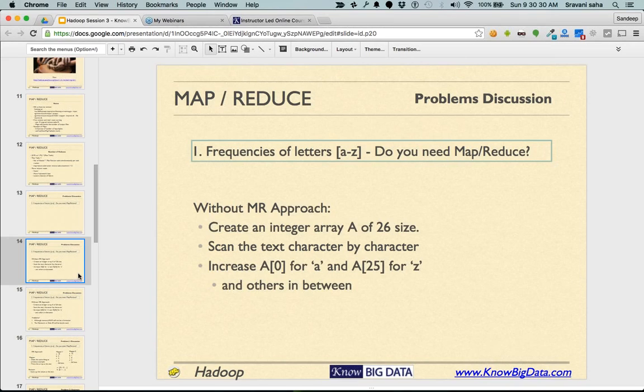All right. So the approach without MR is pretty straightforward. You take an integer array of size 26, scan the text character by character, increase A0 for A and increase A25 for Z, and others in between. Okay, so this approach is clear.